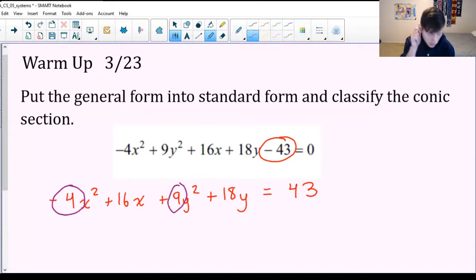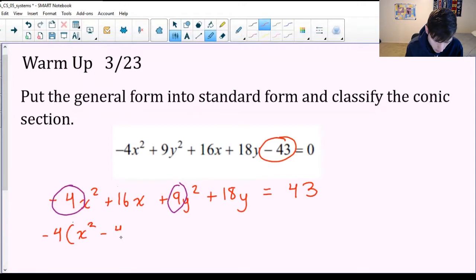in the cases where there are these coefficients in front of the quadratic terms, in front of the x squared, in front of the y squared, then before we do the completing the square, we need to factor that stuff out. So I'm going to go ahead and do that. Since that 4 is a -4, I'm going to factor out -4, not just 4.